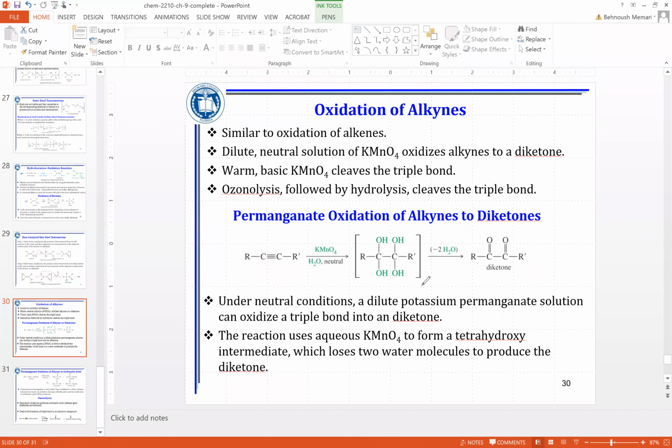That's under dilute condition. Now, if it's concentrated permanganate with heat applied, then it's going to also break the sigma bond. So you would end up with 2 new molecules. The next slide should have that one.